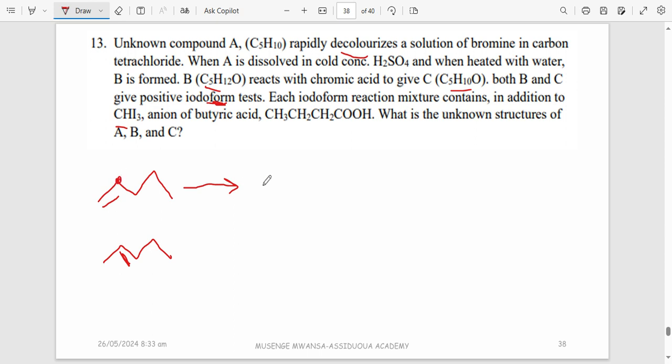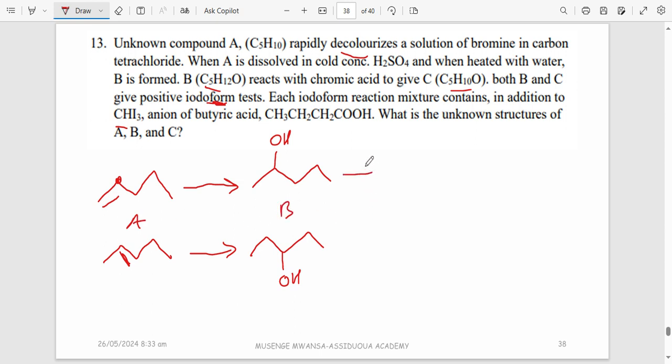I'm not writing the mechanism because we already know that. So for this one, this is what will form. For this one, which is down, there are two possible products because none of these carbons is more substituted than the other. So we can form the same product as the one on top, or the OH can come and attach here. So these are the possible structures of A, and these are the possible structures of B.